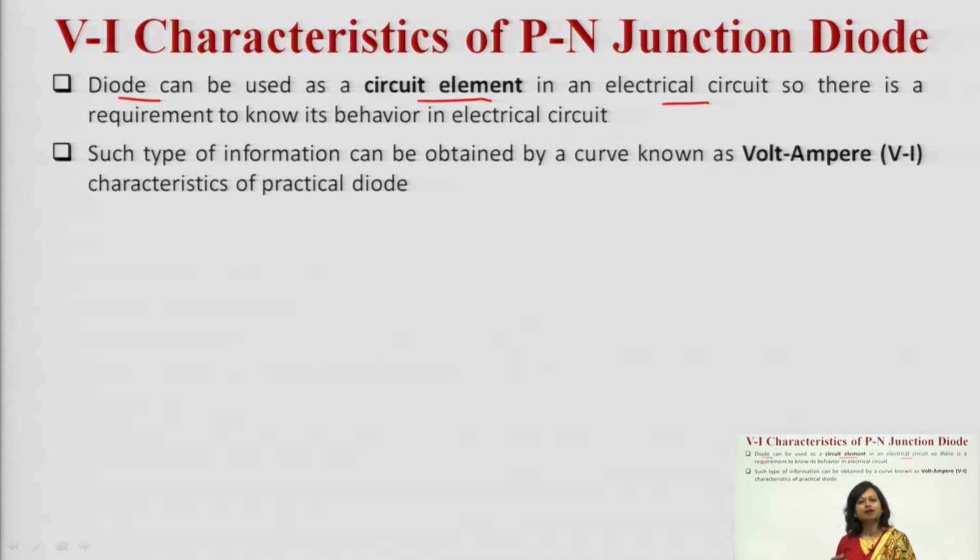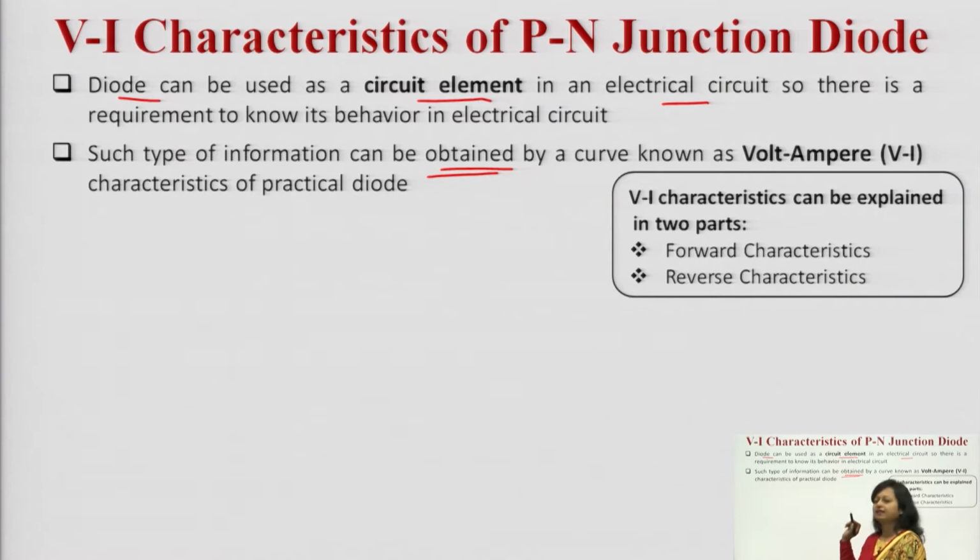Accordingly you have to explain it, and such information can only be obtained by a curve known as the voltage-current curve, or VI curve, of a practical diode. As we have already discussed, if there is an addition of an external voltage, an external battery, that battery can be connected in two manners. Accordingly, two biasing conditions are possible.